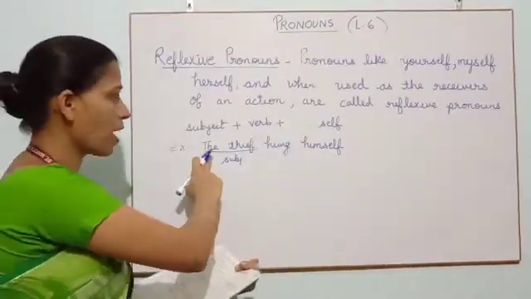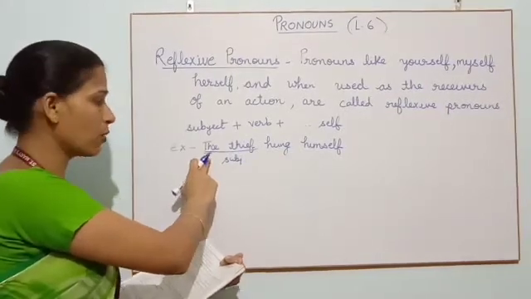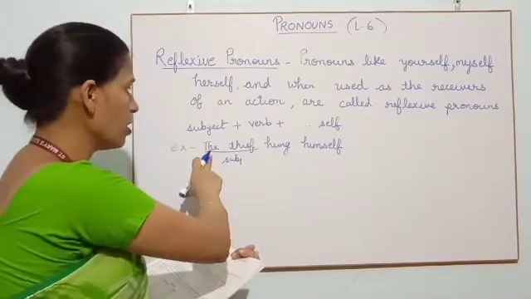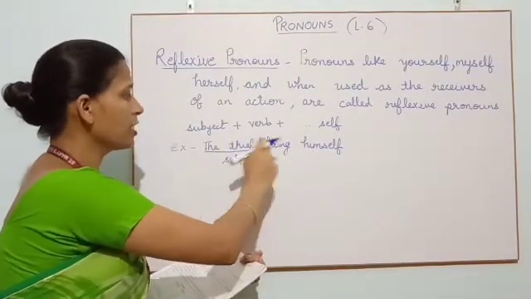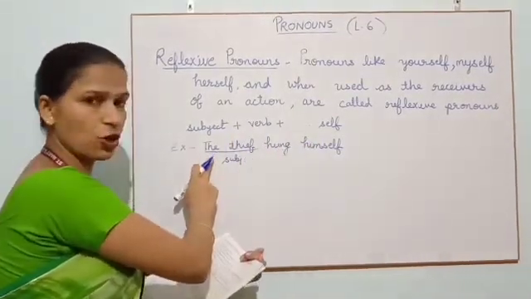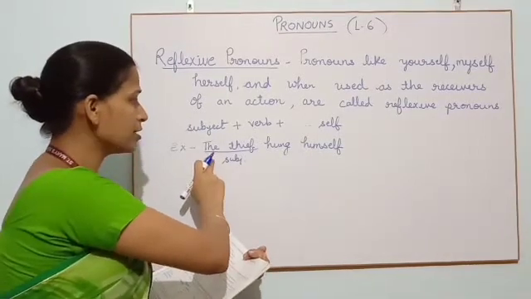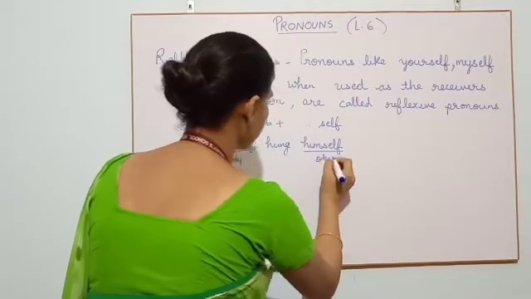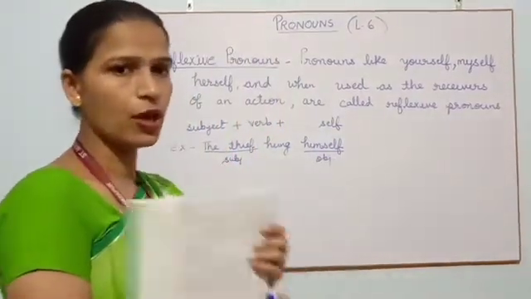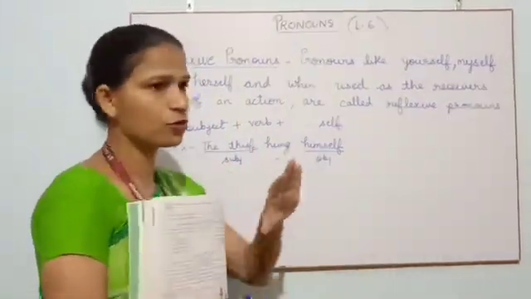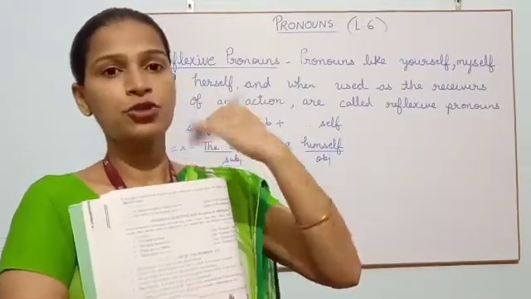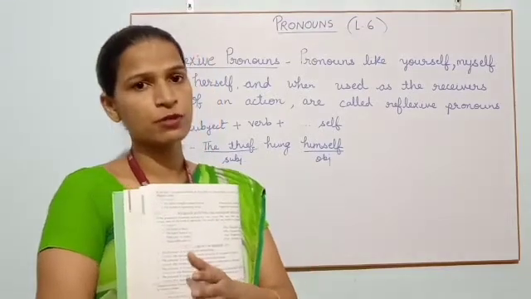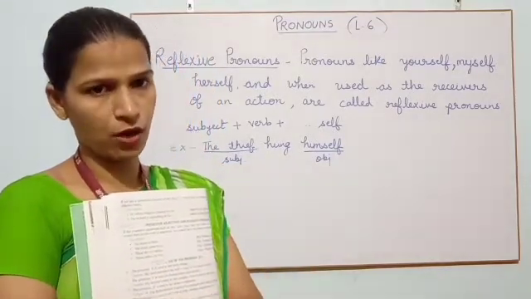Meaning the one whom we are talking about in the sentence, the one who does the action, is your subject. So here, the thief hung himself. The thief is your subject and himself is your object. As I have told you, when the doer and the receiver are the same, then it means you are having a reflexive pronoun.